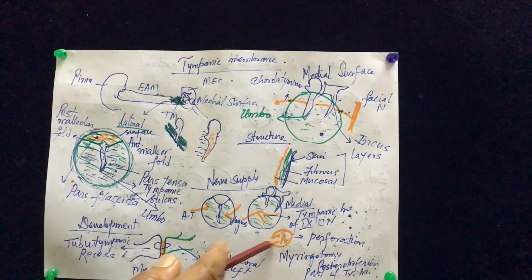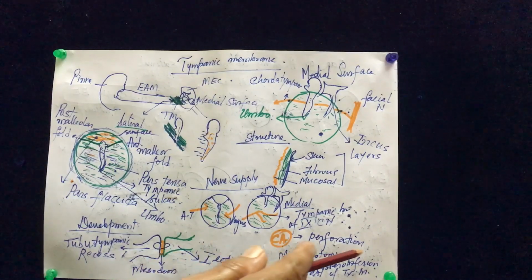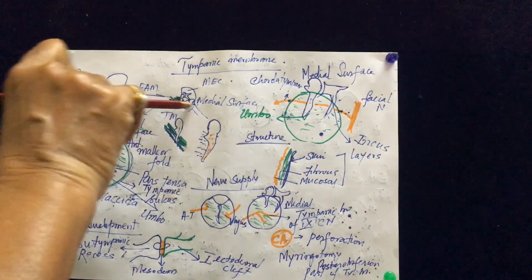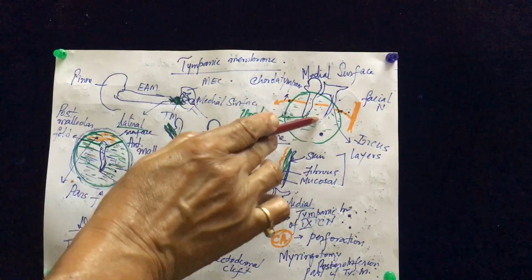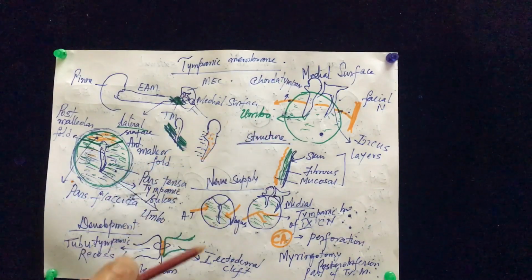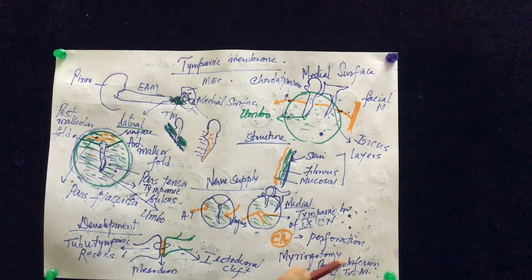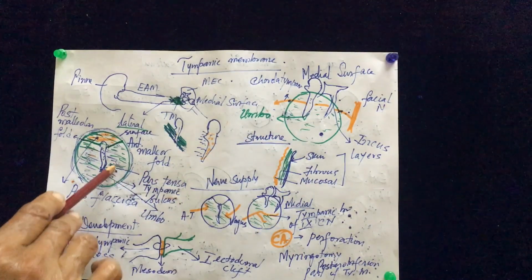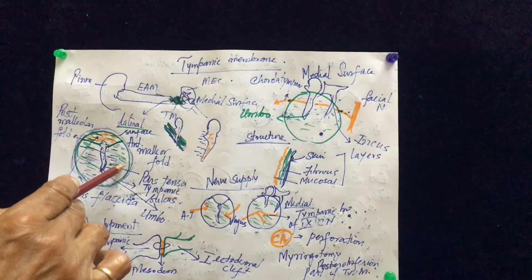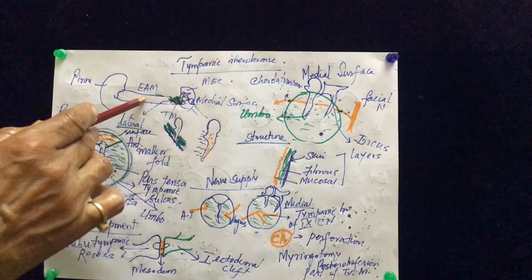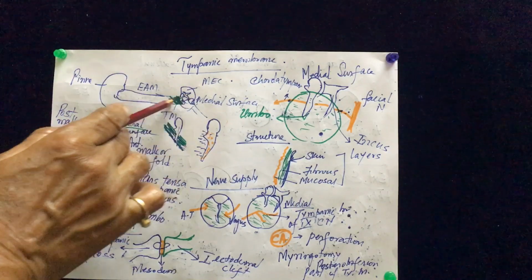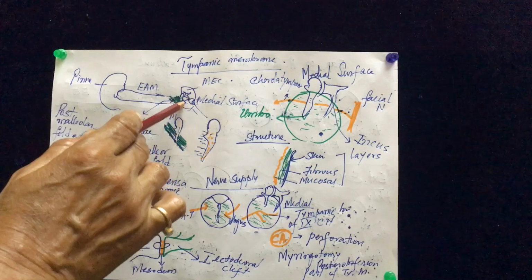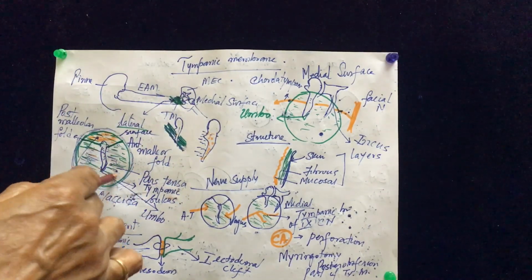Clinical anatomy. Perforations are common in the tympanic membrane, and any foreign body can injure it. Second, myringotomy. Myringotomy is making an opening in the tympanic membrane. Usually this opening is done to drain pus from the middle ear cavity. In cases of otitis media, that is inflammation of the middle ear, any pus accumulation will be drained through the tympanic membrane.